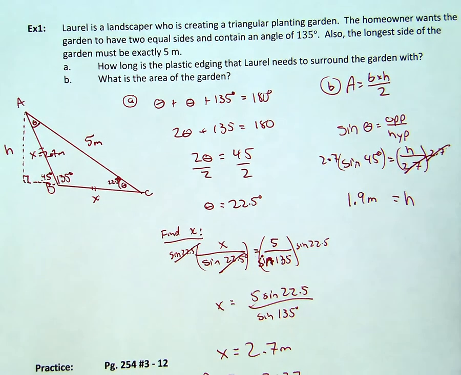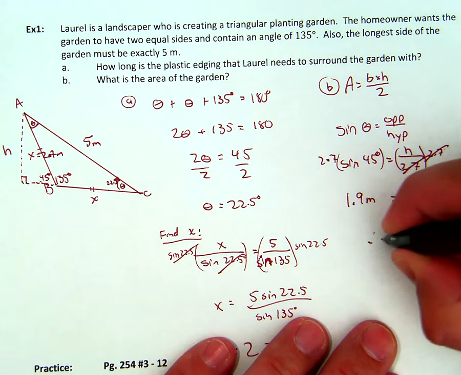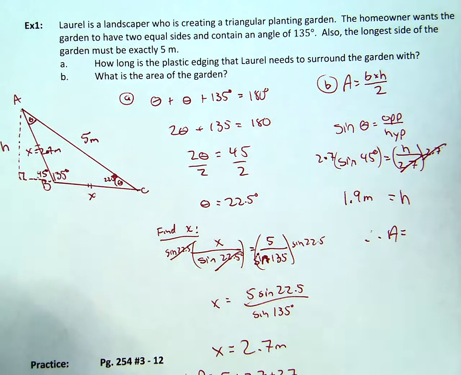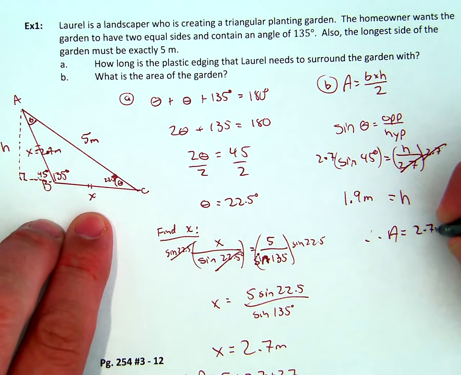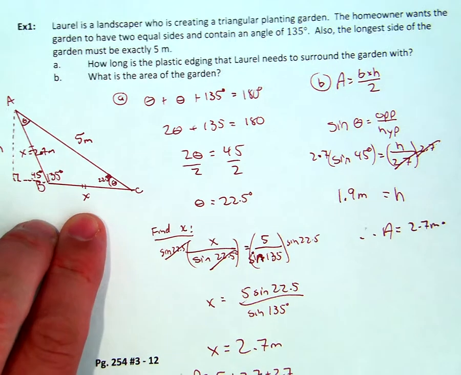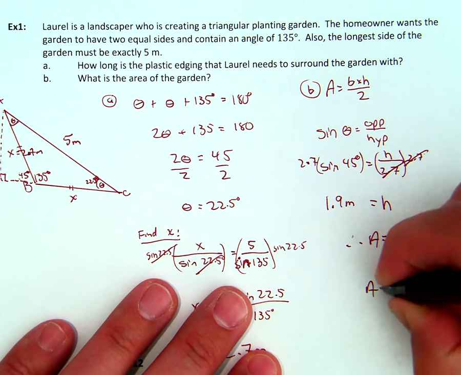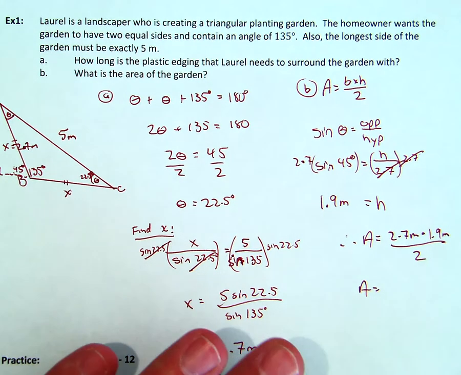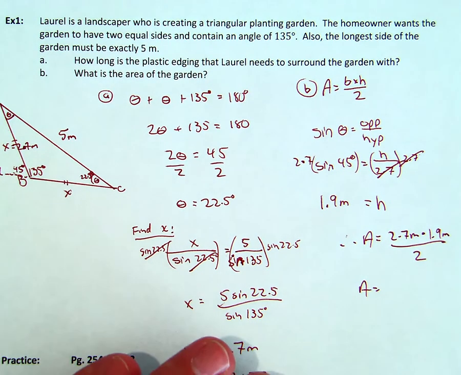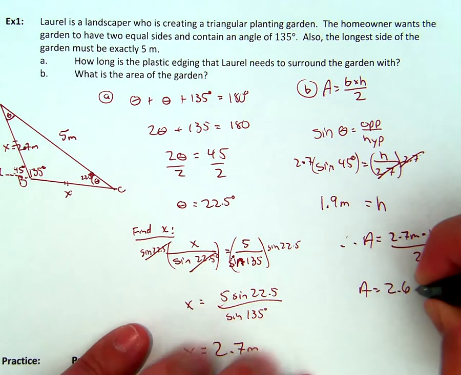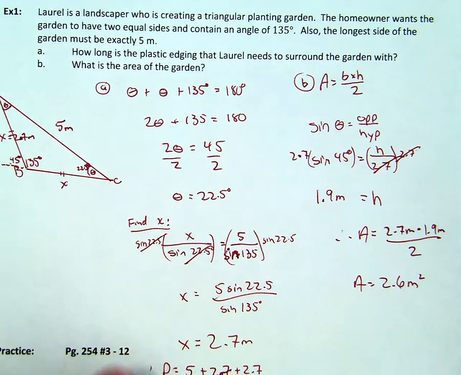So once I have the height, now I can work out the area. So therefore, area will be, base was x, so 2.7, times the height, which is 1.9 meters, divided by 2. So the area will be equal to 2.7 times 1.9 divided by 2, 2.6 meters squared.